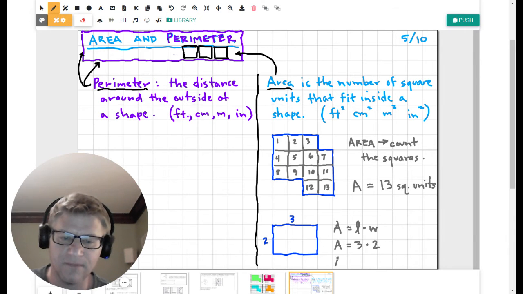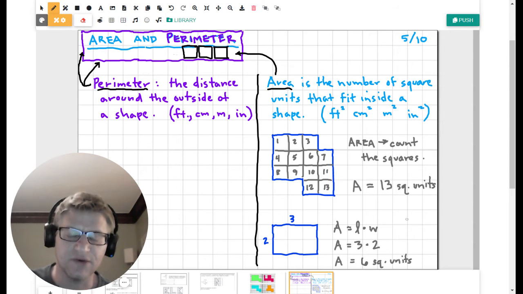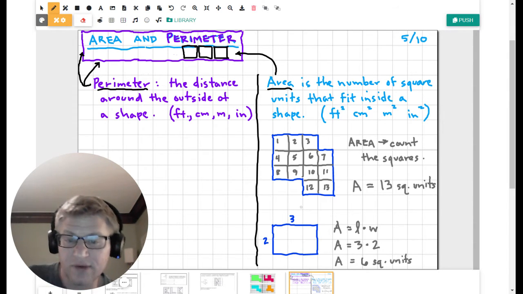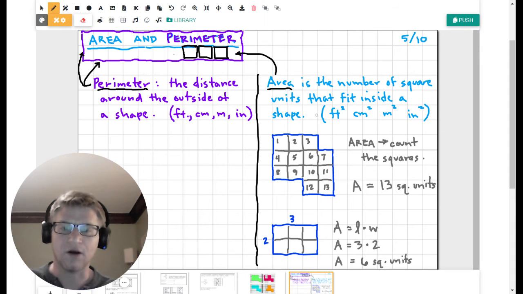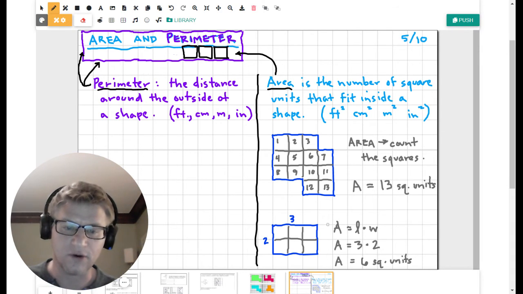So our area equals 6 square units, right? Or 6 units squared. And that's kind of how we do this. That's it. And I think you guys see the pattern here. We can break this up like that. And now we've got our two different ways. Count the squares or use the formula.